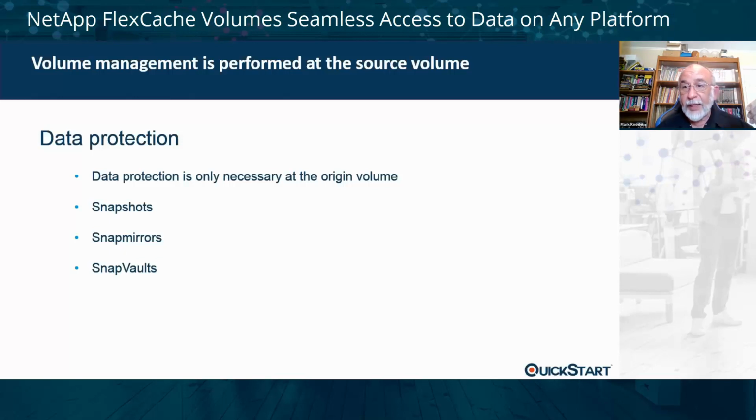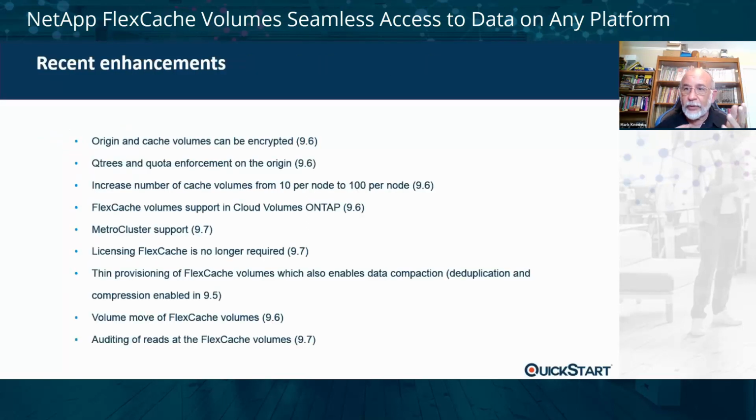Now, FlexCache is an evolving platform. This is one of those tools that if you're using it, you probably want to stay fairly up to date with what version of ONTAP you're running. Okay. It's been changing rapidly. And among those changes are things like, obviously, if we're replicating this data across the world, we're replicating this data into different environments, security becomes very important.